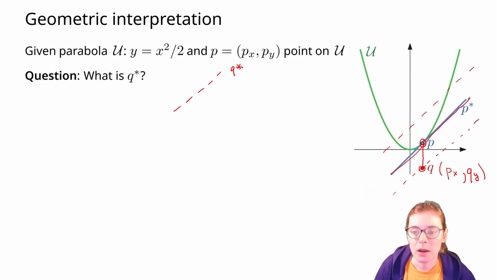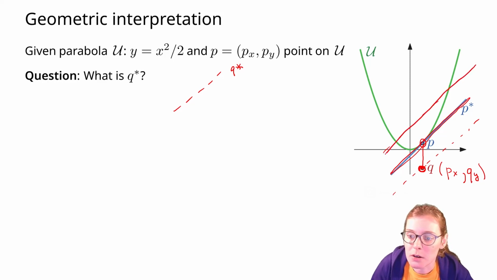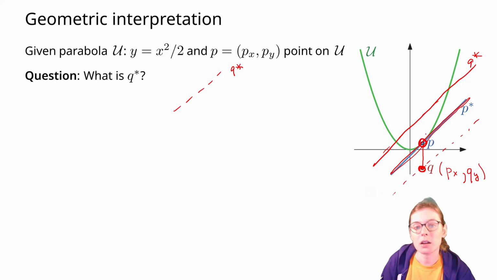And now we need to figure out, does the line Q star lie above point P or below point P? And for this we can use the other property that we have shown, which is the relation between points and lines in the primal plane gets swapped between the dual lines and dual points in the dual plane. So if Q lies below the line P star in the primal plane, then the line Q star will lie above the dual point P in the dual plane.